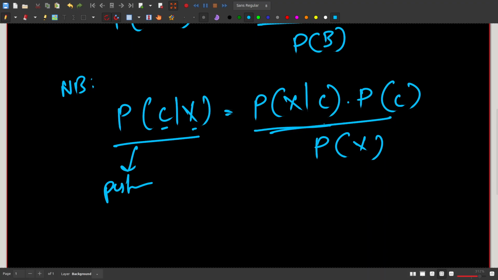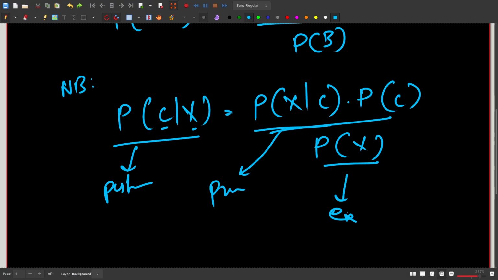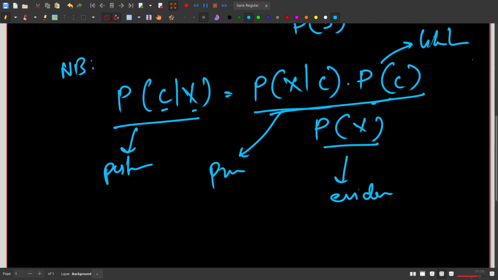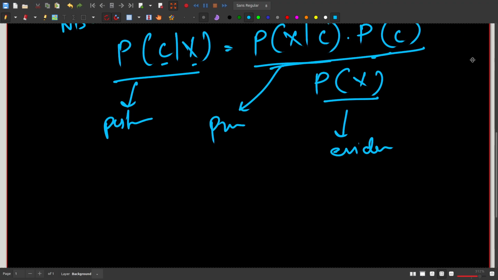The probability of X given C is usually called the prior. Probability of X is usually the evidence, and probability of C on its own is likelihood, right? So now these are just some fancy terms. They kind of represent very simple things. We'll take a very simple example and move.